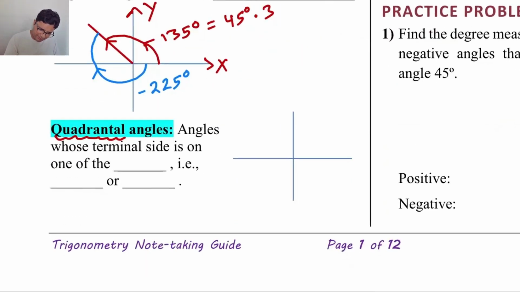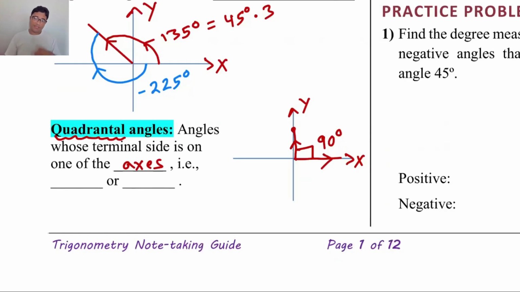What if you have the angle on one of the axes? Take this angle, for example. If you measure it counterclockwise, you will call it 90-degree. So these are angles whose terminal side is on one of the axes. Remember in the standard position, the initial side is always the positive x-axis.